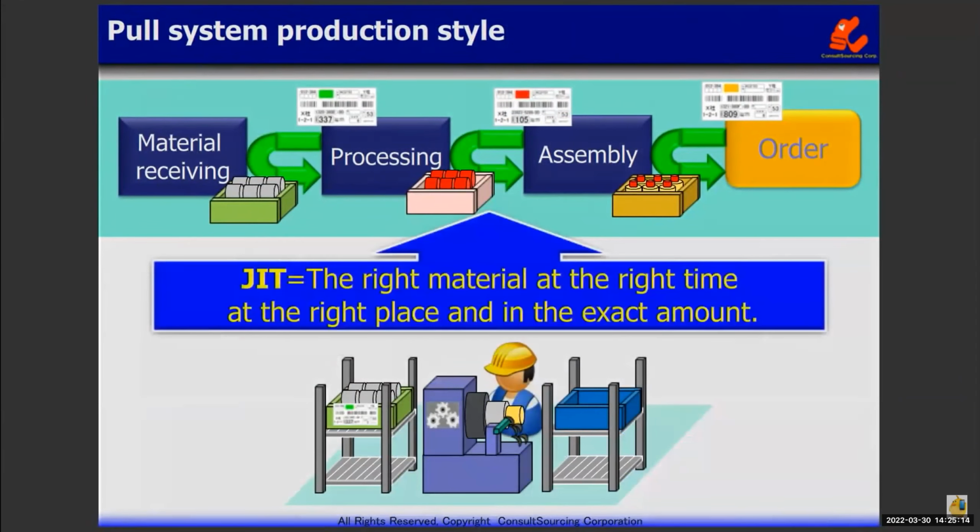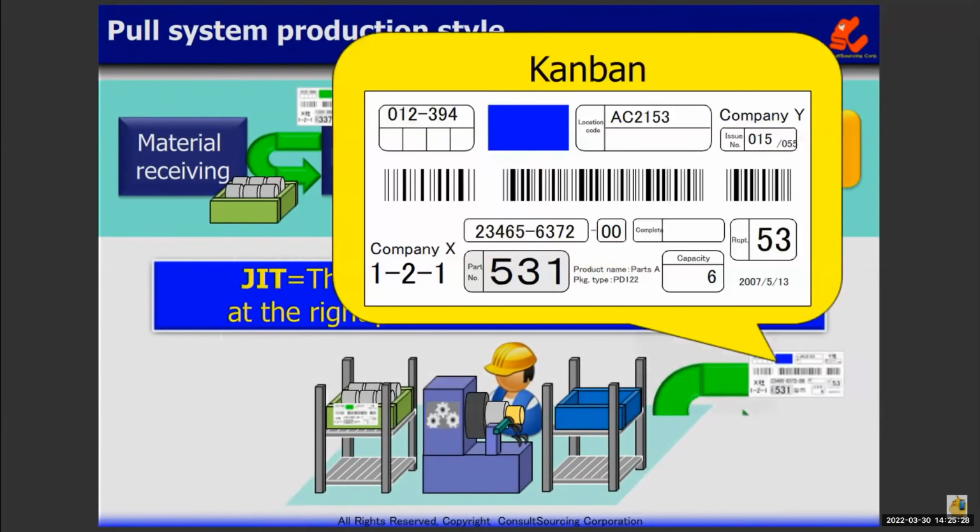This manufacturing concept produces the right material at the right time at the right place. This is called just-in-time. In the pull system production, a tool called Kanban is used to control the production. The Kanban representing the product that has been shipped or parts used is handed from the post-process. The Kanban card carries all the necessary information for production and logistics, such as the part number and how many units.